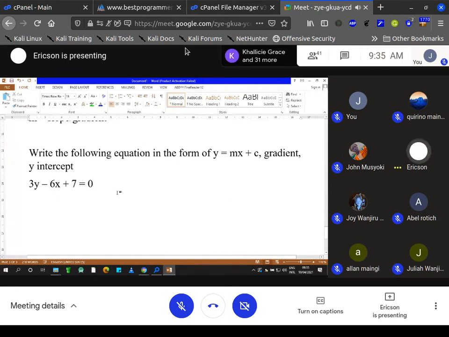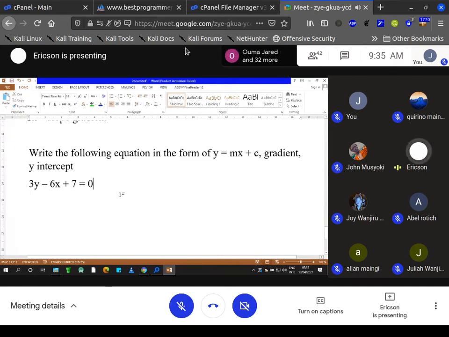So here, for the rest of us, I can explain it again. When you're told to write in the form y equals mx plus c, you must write it in this form.